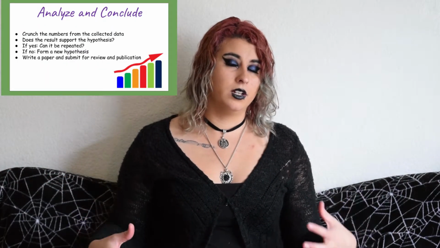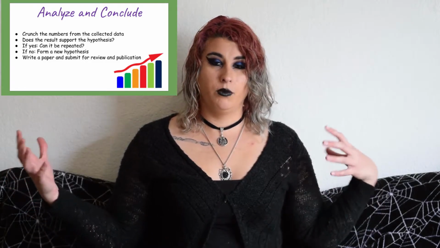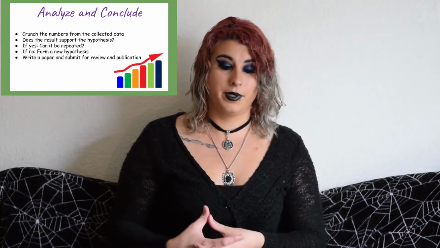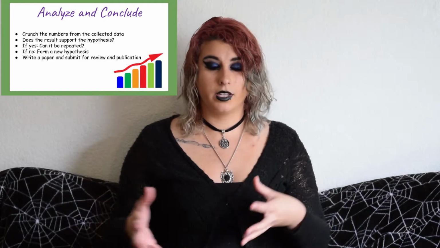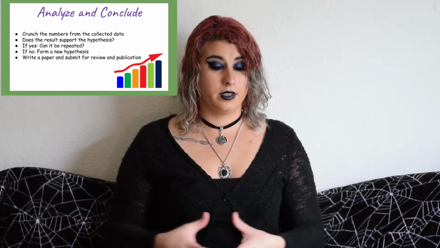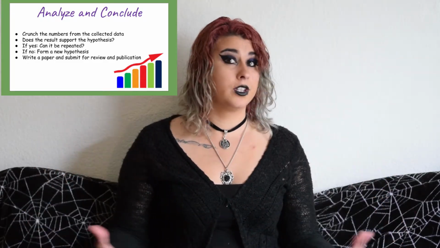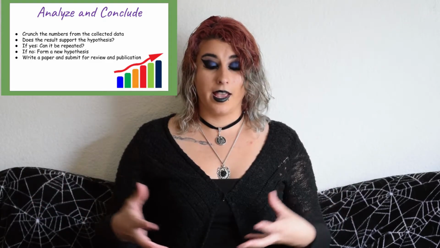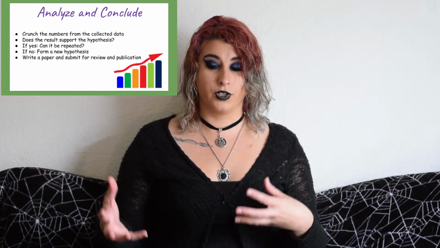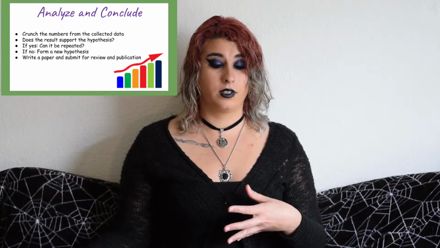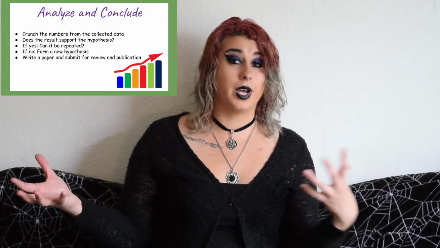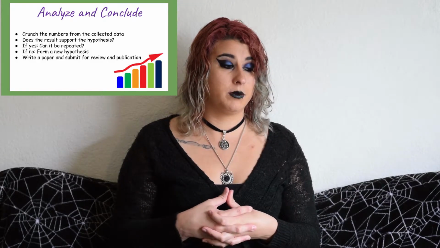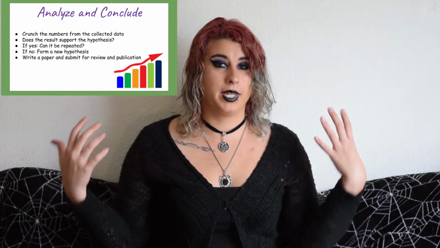Once the data is collected, then you move on to the analyzing and concluding steps. And essentially what these are is sitting down, crunching the numbers from the data, and deciding if the results support or refute the hypothesis. If it does, the next question that needs to be asked is, can these results be repeated?